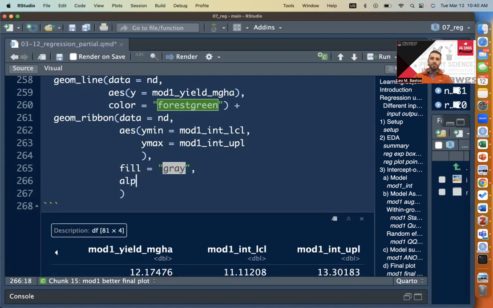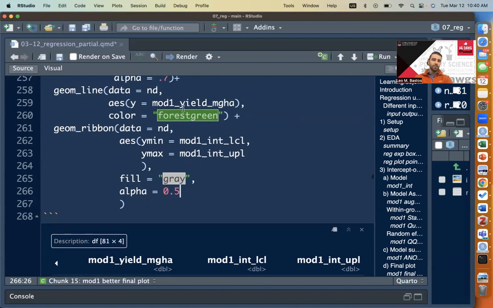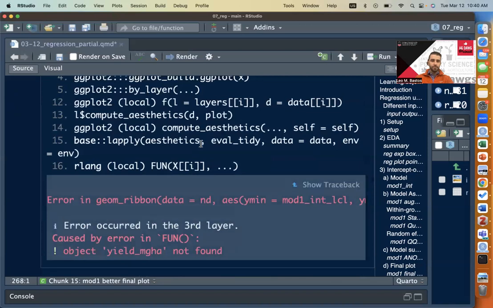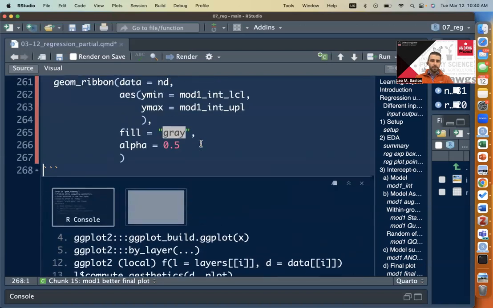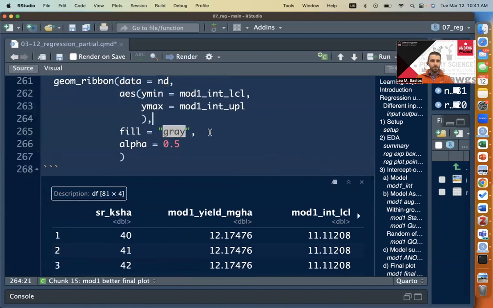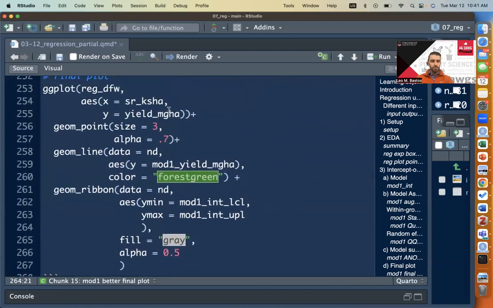I want to have the alpha, so the transparency, to be equals to 0.5 so I can see through it. And let's see if that works. Okay, so we're saying that, let's see, what do I have here? Your ggplot has one that is not in the other.